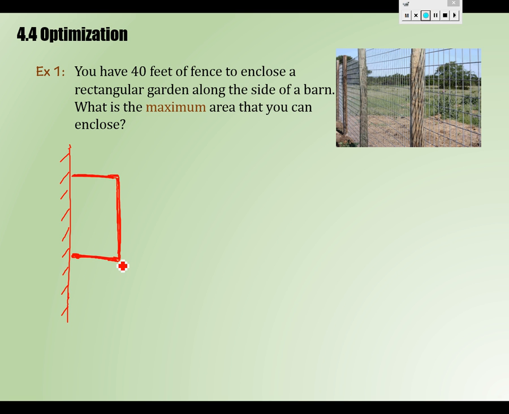You might start by naming some things, right? Give some letters to these things, if you haven't done that already, so you have a common language at your table as you talk. You may want to write down anything you know. You have a formula for the area. How does the length of fencing relate to that?